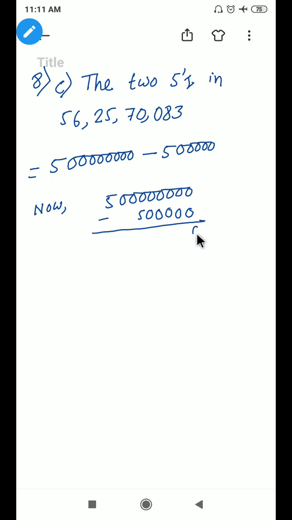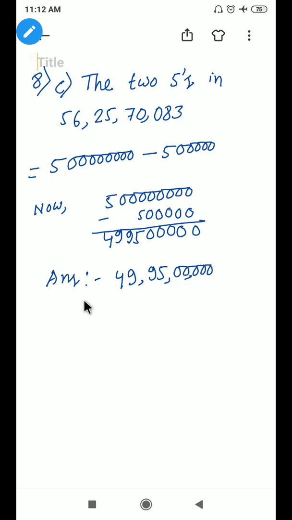Now if you do the subtraction, there will be 0, 0, 0, 0, 0, and here is 5, and this bottom one subtracted from this 10, this will be 9, then 9, this is also 9, then there will be 4 here. So our answer will be 49 crore 95 lakh 94 lakh happen here. So in this way you have to do the remaining problems of question number 8.